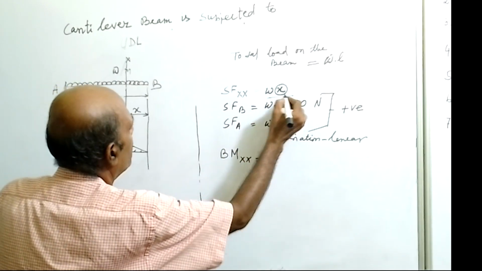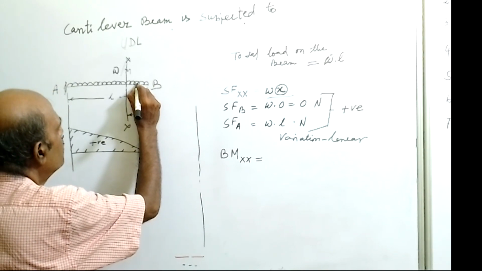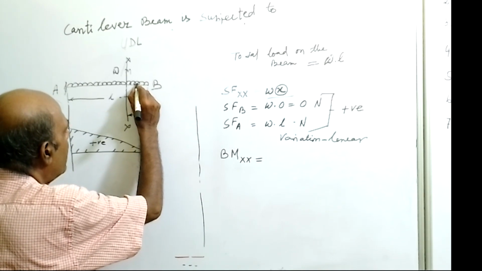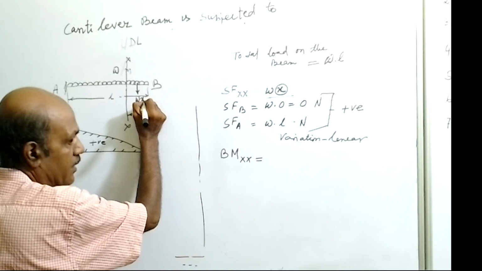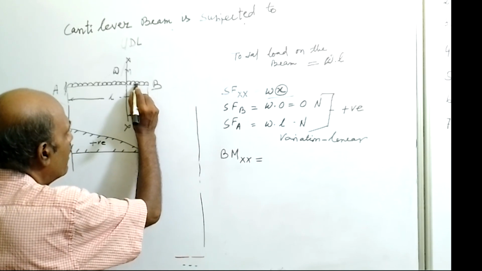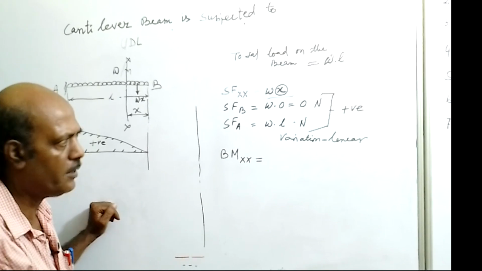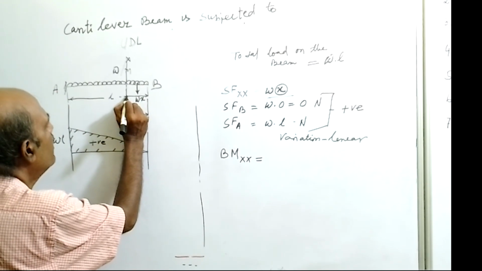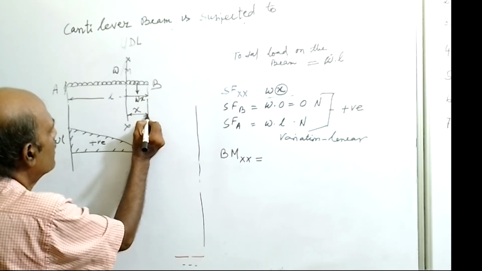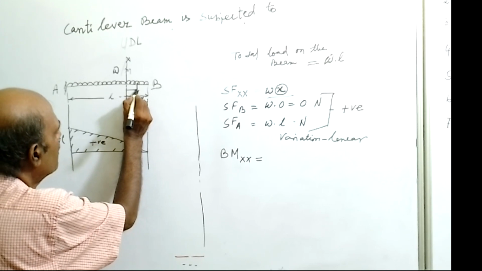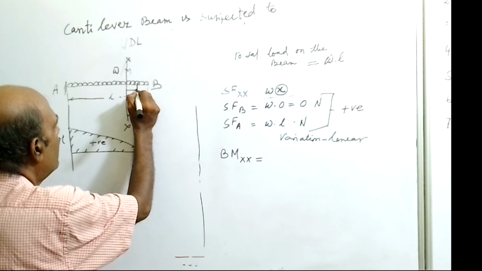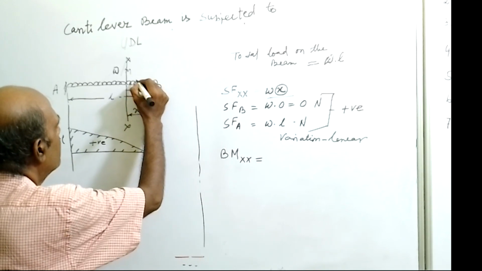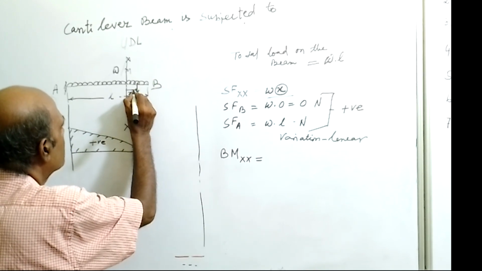That is w into x, which acts through its center of gravity. So w into x load is acting through the center of this load. If this distance is x, then from the section the distance where the total load is acting is x by 2.